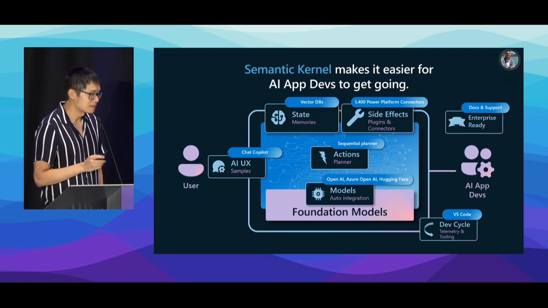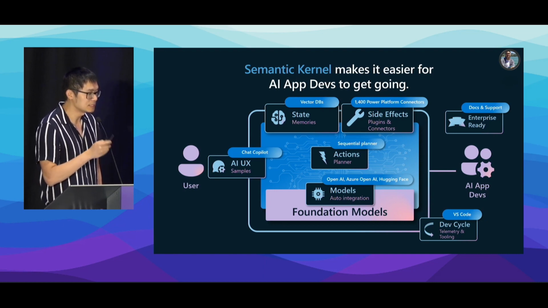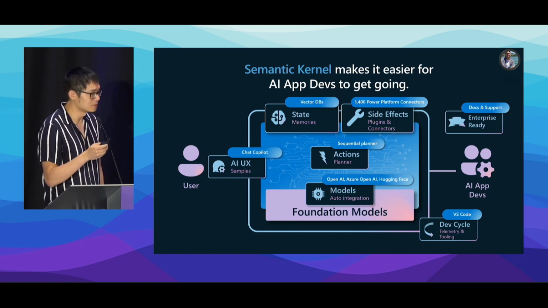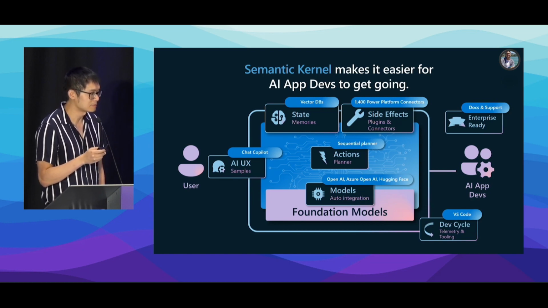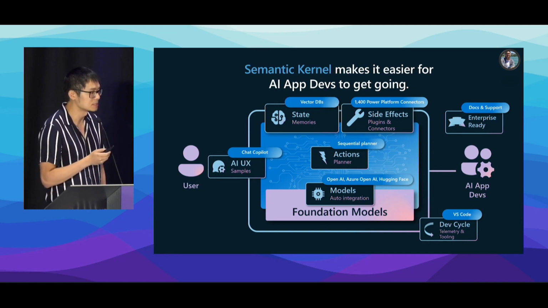But in the middle is where the heart of the kernel is, and as you all heard earlier the last couple days, bringing memory and bringing state into your applications is enabled by things like vector databases, even traditional data stores as well, but doing that in a more intelligent way.